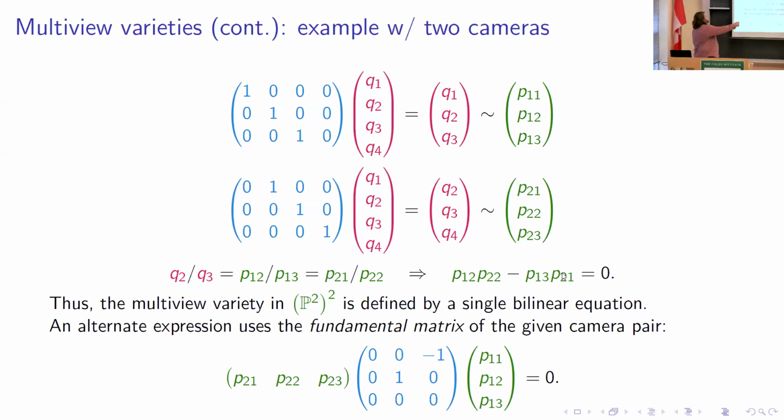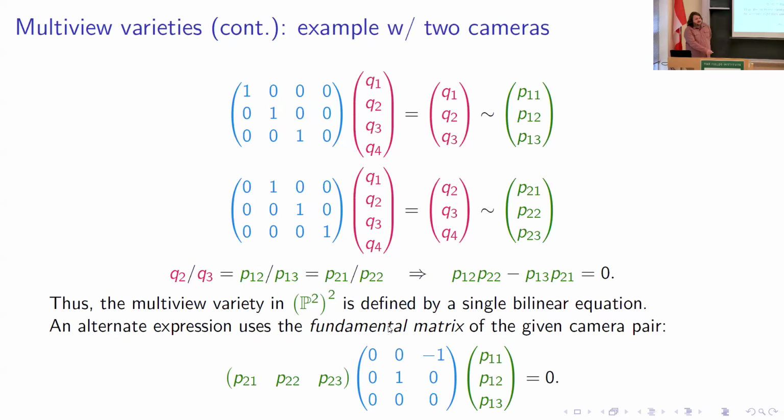Now, these were 2 special camera matrices, so it's not going to be binomial if you replace these with 2 general cameras, but it will still be bilinear. And in this case, we can actually extract the 3x3 matrix that represents this bilinear form. It's not too hard, so you can see that it's this blue matrix I have here.